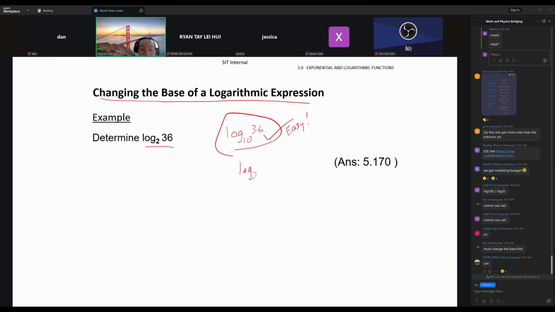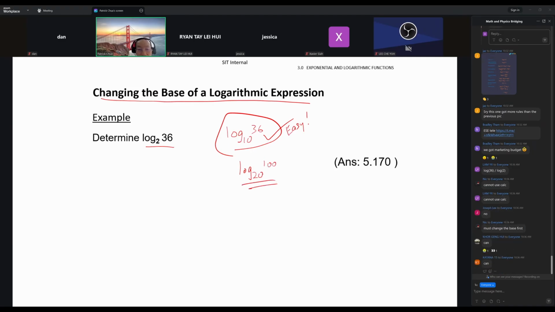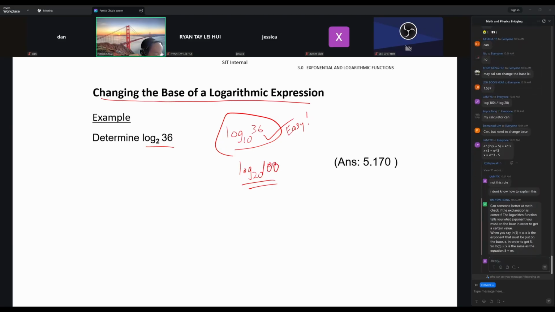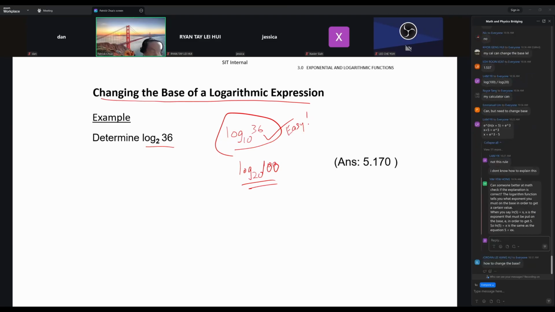What about log to base 20 of 100? Can you find the value of this? Using calculator, you try. Cannot, right? So then how do you? That means you have to use your knowledge to do some conversion so that you can use your calculator.